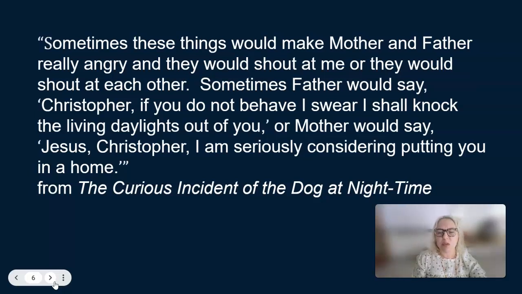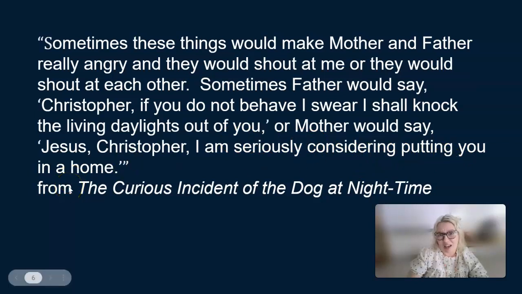Now, the speaker does not feel necessarily the same way as the reader feels, because in this example, the speaker is just stating this information in a matter-of-fact way, like, here is what happened, and then he quotes these people, the mom and dad, and they're saying some things that we might consider kind of horrendous. I shall knock the living daylights out of you, or I am seriously considering putting you in a home.